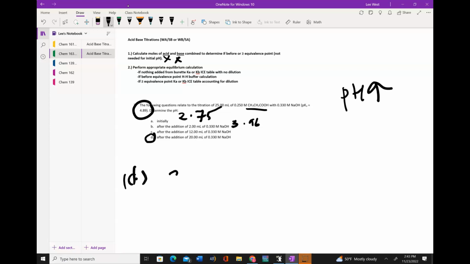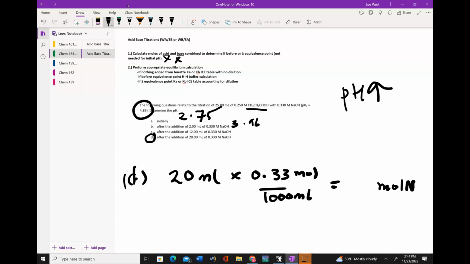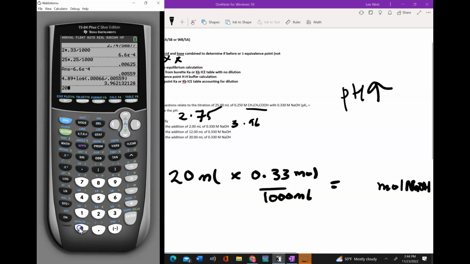So in this case, 20 mils of base, concentration 0.33 moles per 1000 milliliters. And that'll give me my moles of the sodium hydroxide, right? Okay, 20 times 0.33 on 1000.